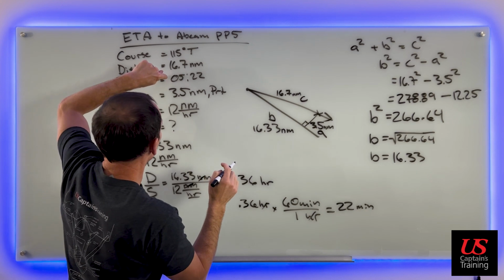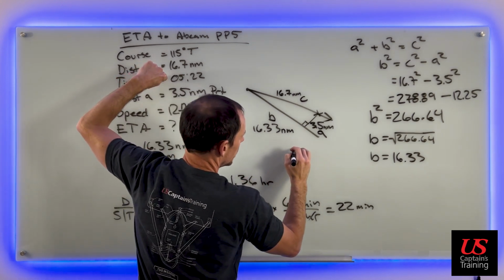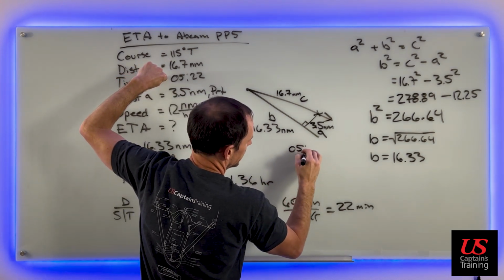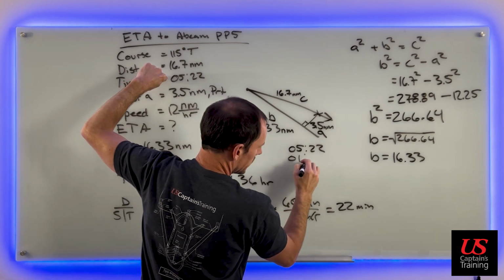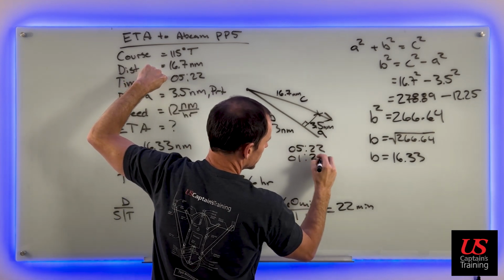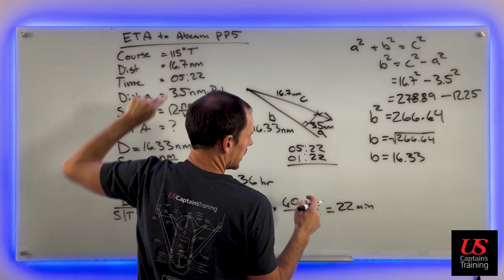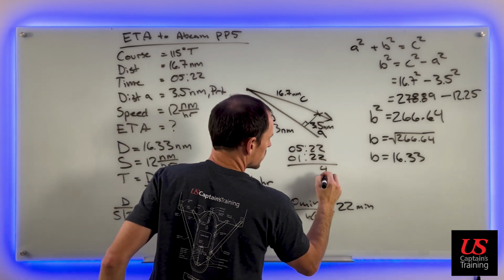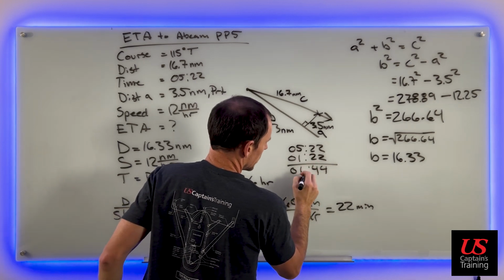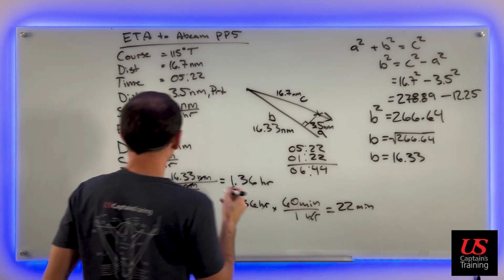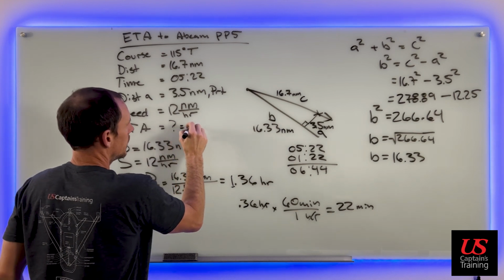And we need to add that to 5:22. So 5:22 plus 1 hour and 22 minutes equals, that's nice. 2 and 2 is 4. 2 and 2 is 4. 5 and 1 is 6. 6:44 is what we got for our ETA.